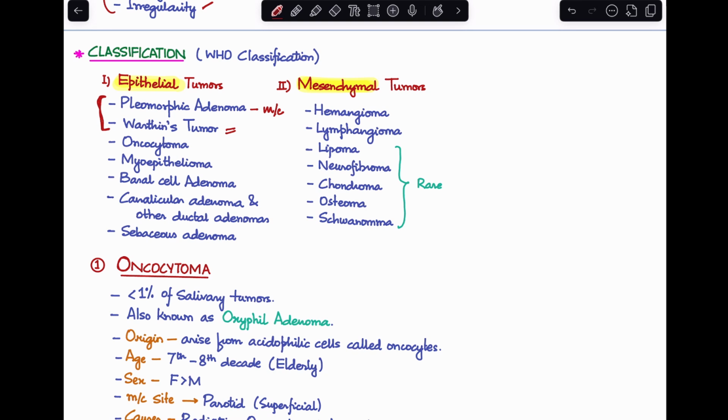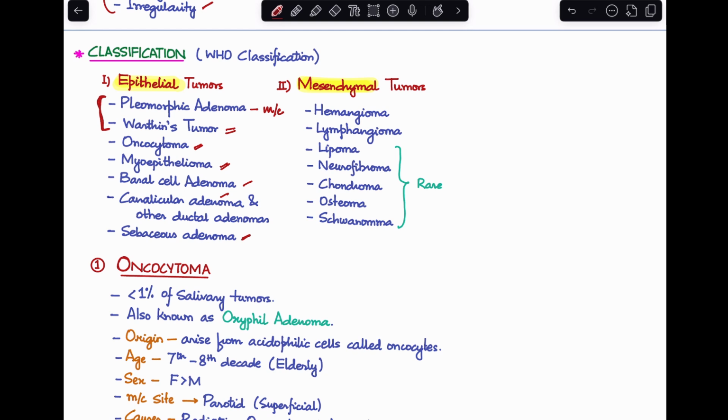So, other epithelial tumors, the less common ones, involve oncocytoma, which is also known as oxyphil adenoma, myoepithelioma, which arises from myoepithelial cells, basal cell adenoma, canalicular adenoma and other ductal adenomas, and sebaceous adenoma. These are all the epithelial tumors which can be found.